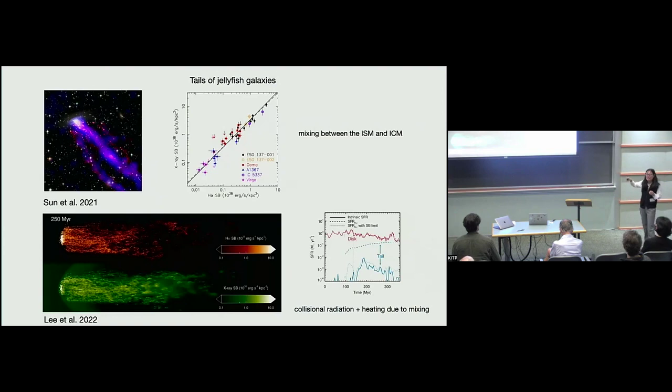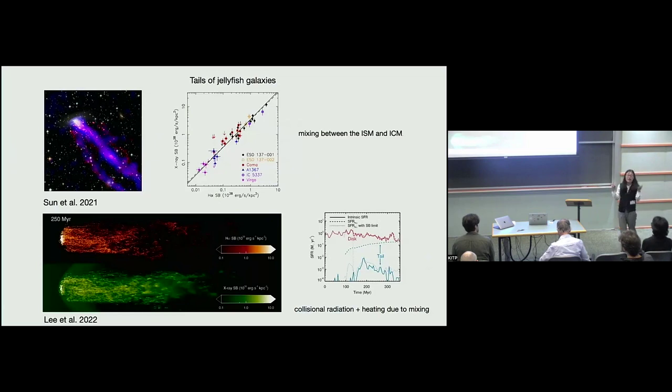So H alpha emission in this case is not powered by photoionization from young stars. Something else is responsible for it. The authors think it's likely a combination of collisional radiation and heating due to mixing with the intra-cluster medium.